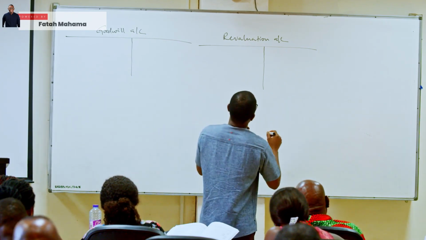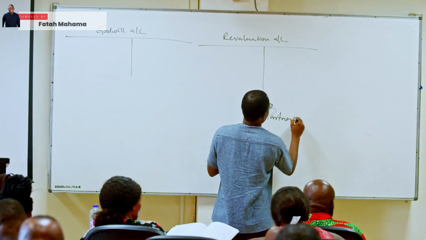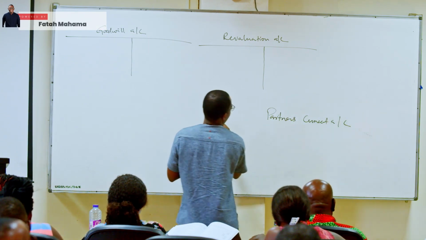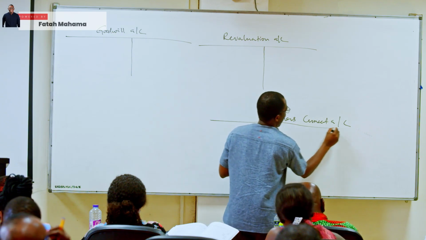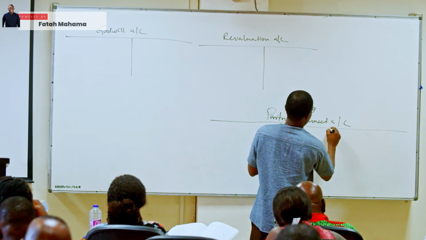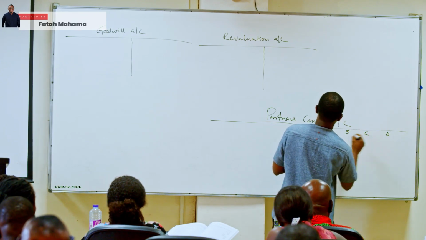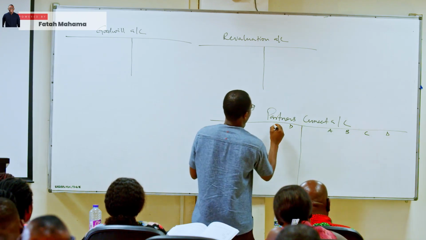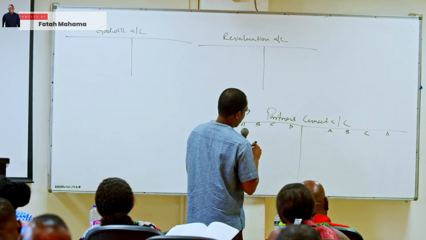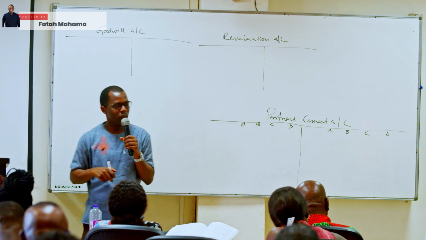The partner's current account. Okay, it's here. So we have A, B, C, D. You good? All right.